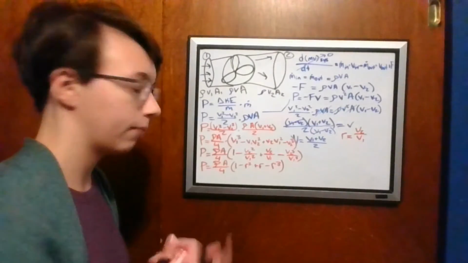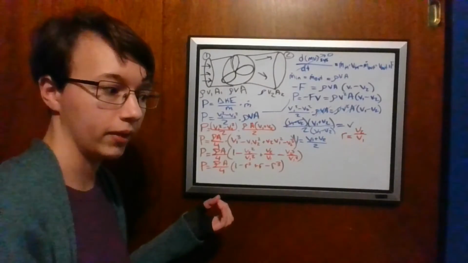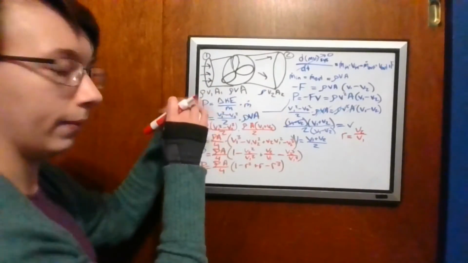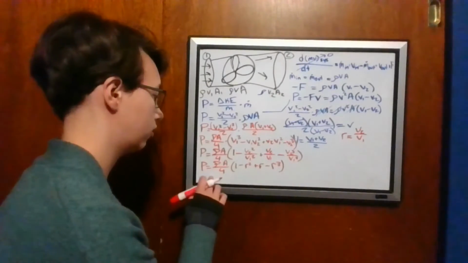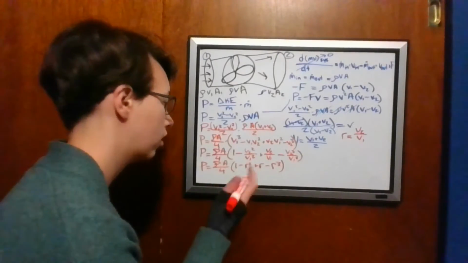And so to get a maximum power, that means that the derivative of the power is going to be equal to 0, because we're looking for a maximum. So we're going to take the derivative of this with respect to r and set it equal to 0.